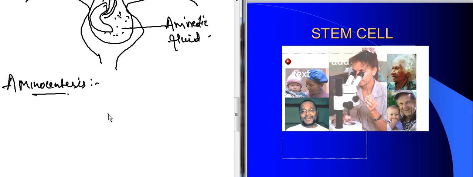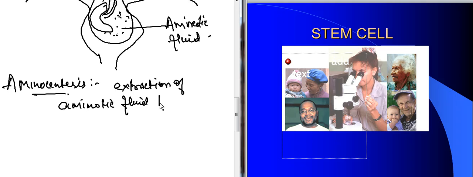Amniocentesis is just the extraction of this amniotic fluid with the help of a needle and sterile syringe.